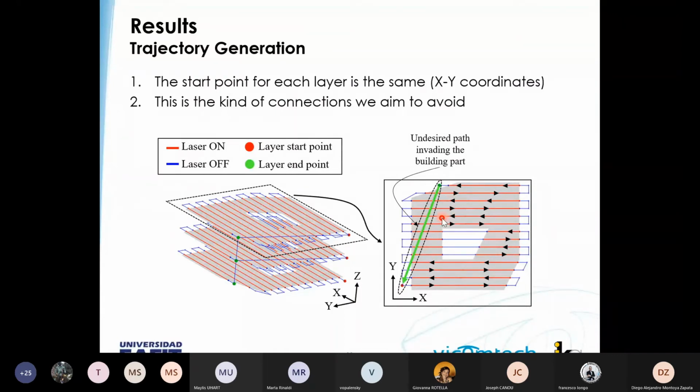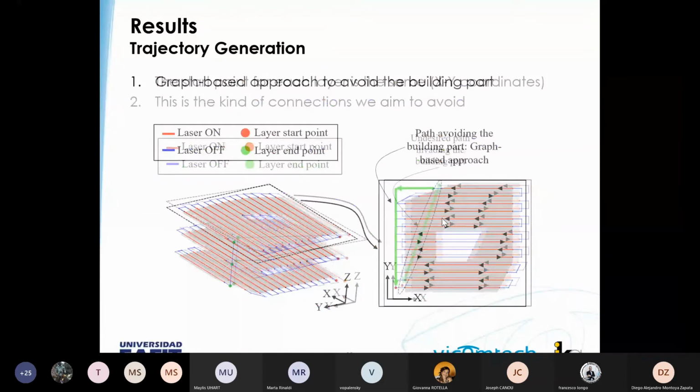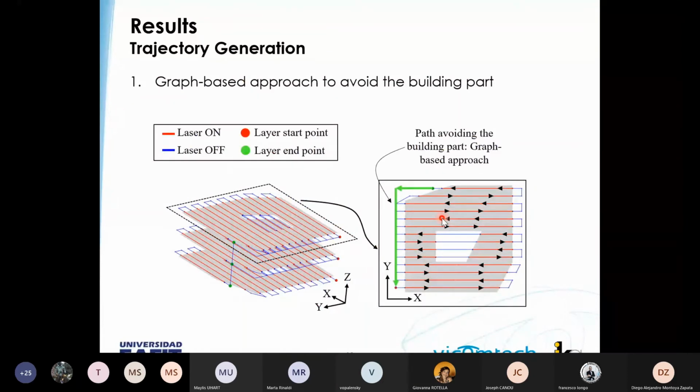So this is the thing that we want to avoid. So in our implementation, we were able to generate this valid path in which we avoid the region and connect these points in a valid fashion for our considerations.